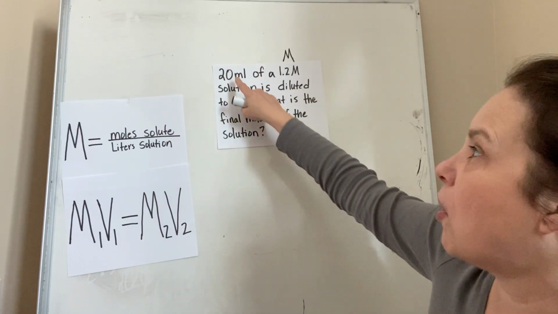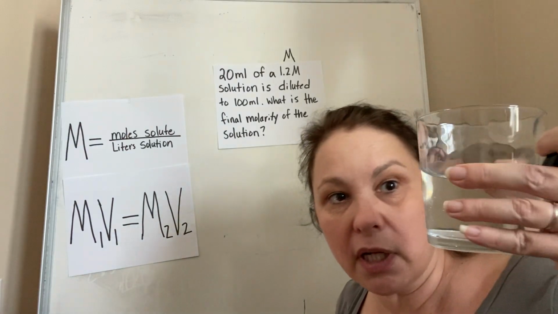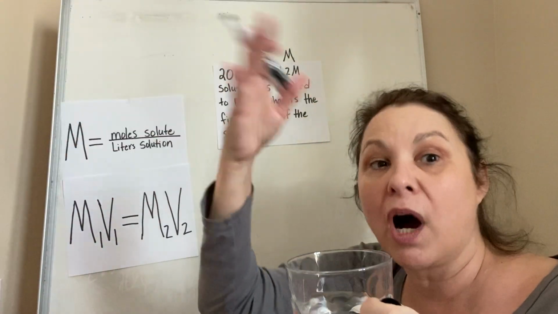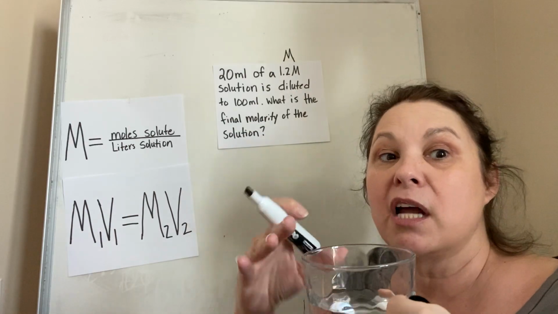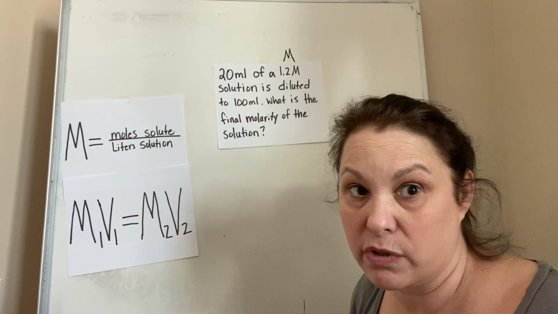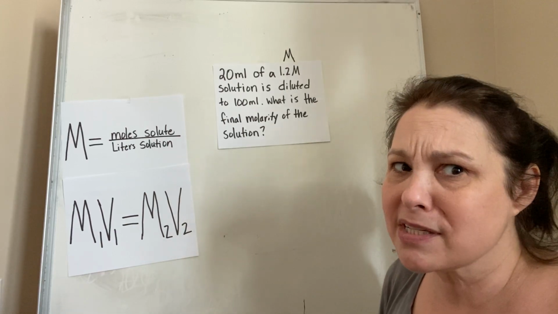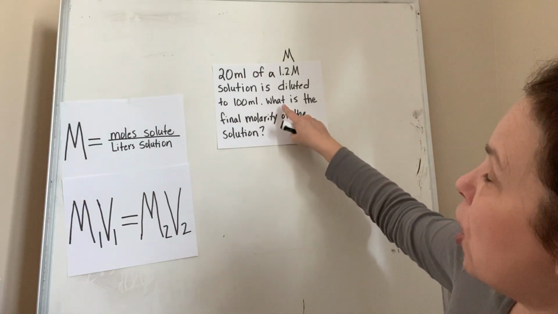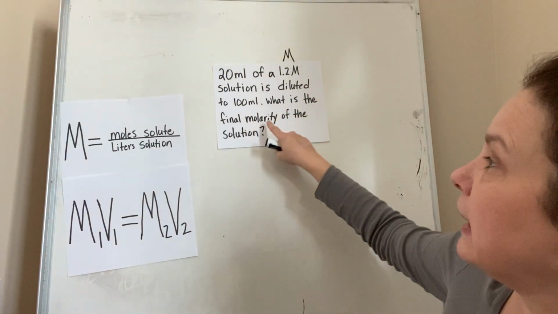So I'm going to start out with 20 milliliters of a solution, and then I'm going to pour in water and dilute it enough that I make it grow into 100 mils of the solution. Obviously, it's going to get weaker because I'm adding a lot of water. So it wants to know what the final molarity is.